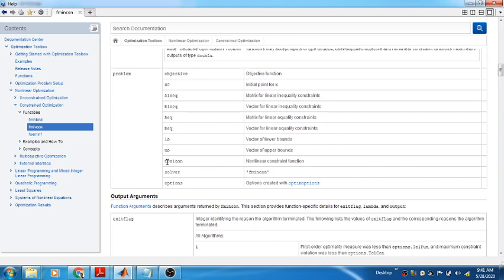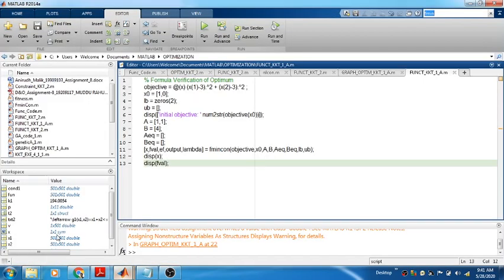And this is the nonlinear constraint function. But in this problem I am discussing right now, no nonlinear constraints are there. And this is the solver I use here, the fmincon solver.